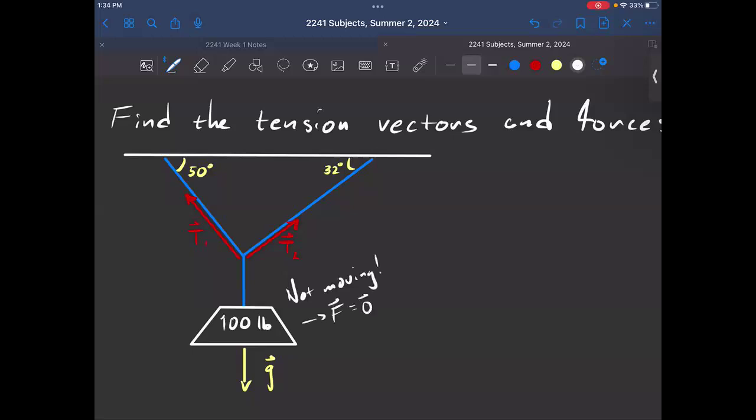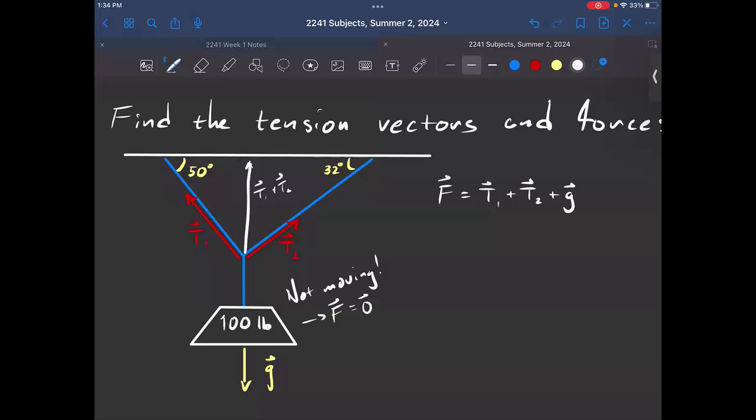But we can still write down that formula for the final vector. The total force is T1 plus T2, because that's what we get here, T1 plus T2, and then plus that vector G. All right.